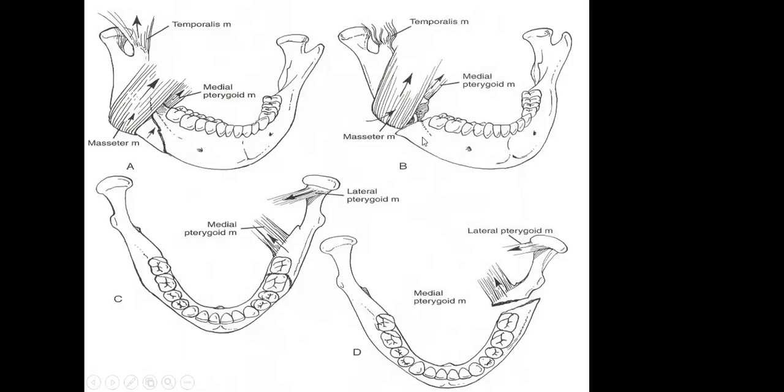This one has the potential of pulling this one up and stabilizing it. But when it's like this, then this one will pull away, this one will create a space, which will be a site of a non-union.